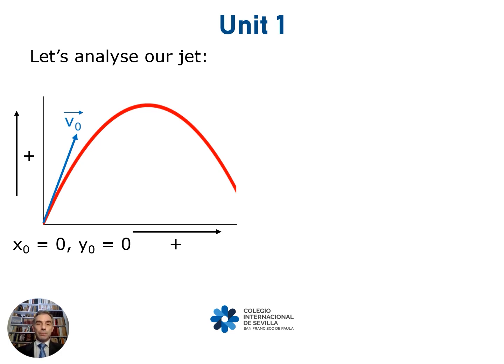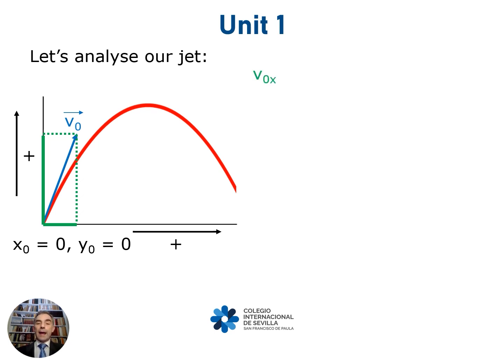Now we find the components. To find the components, we draw the perpendicular to the axis from the end of the arrow. So we draw first the perpendicular to the x-axis and we find V0x, which is in green in the scheme, and then the perpendicular to the y-axis from the end of the arrow to find V0y.